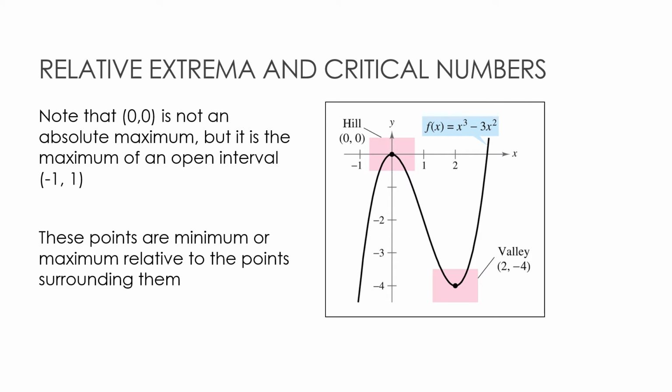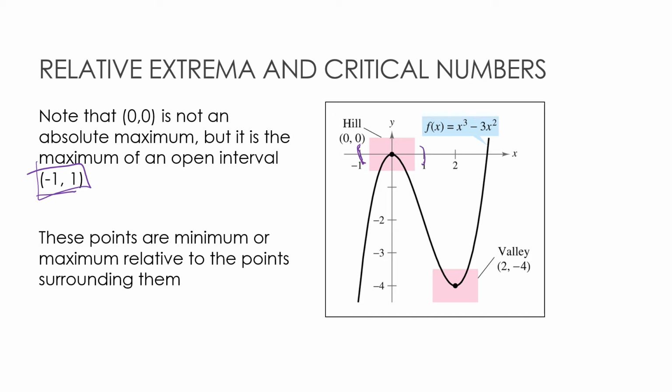So again, back to our original picture, (0, 0) would be considered a relative maximum because it is the maximum on some open interval. So I've given you a sample open interval, so from -1 to +1, it's the largest value in that interval. You don't need to really come up with the interval.